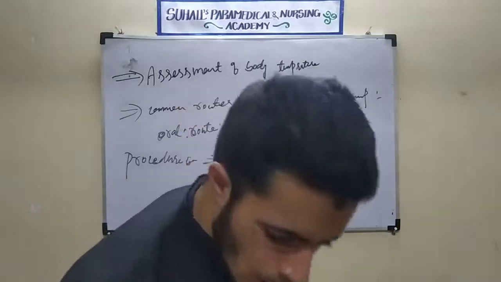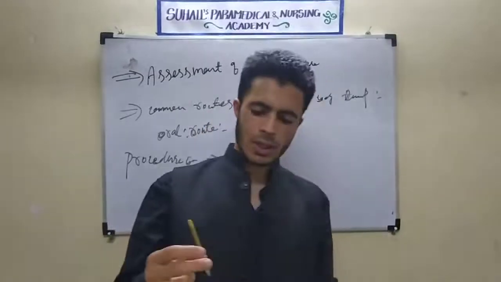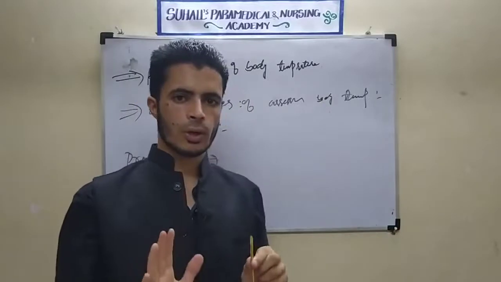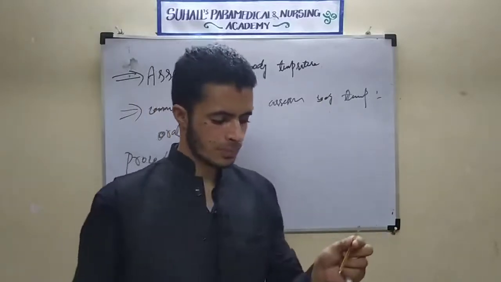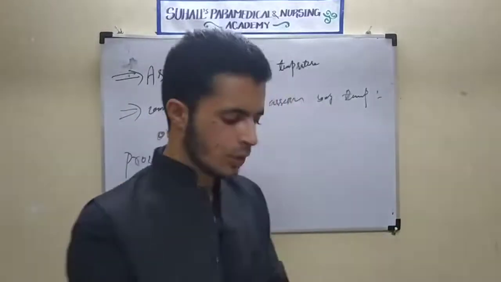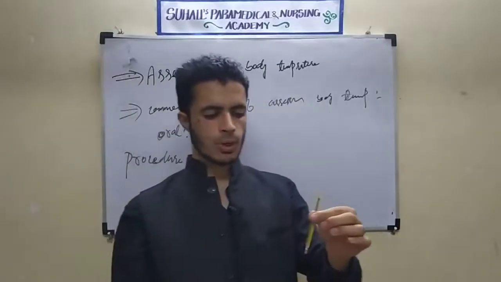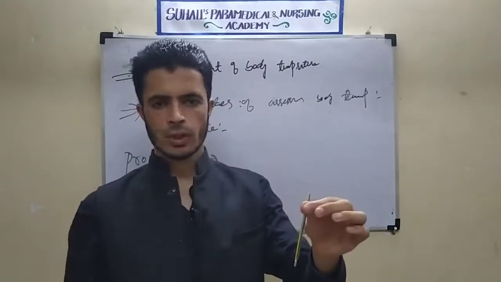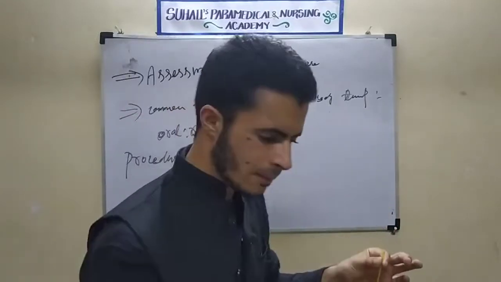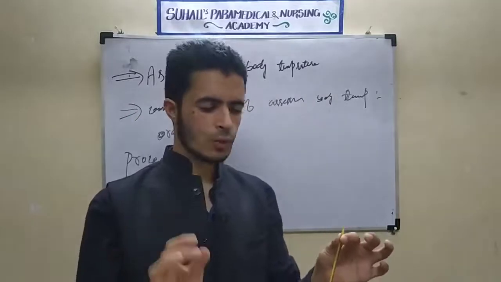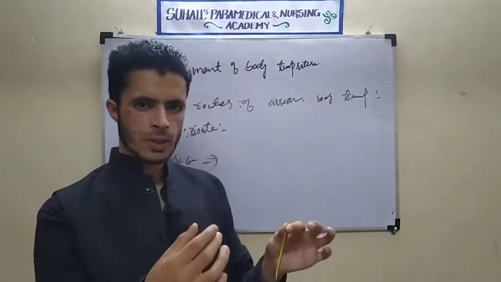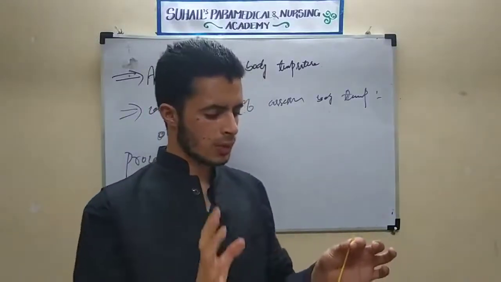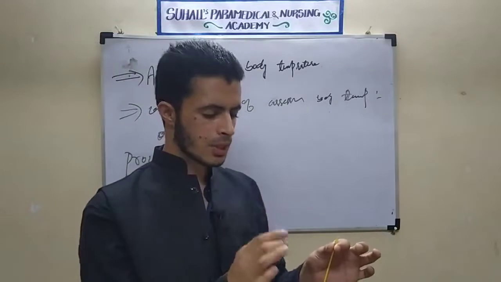Suppose the thermometer is already in the solution and you have taken it out. Before we check the body temperature, we will hold the thermometer like this and take cotton with some spirit. How we clean the thermometer is important. Before taking the temperature, we have to clean it.